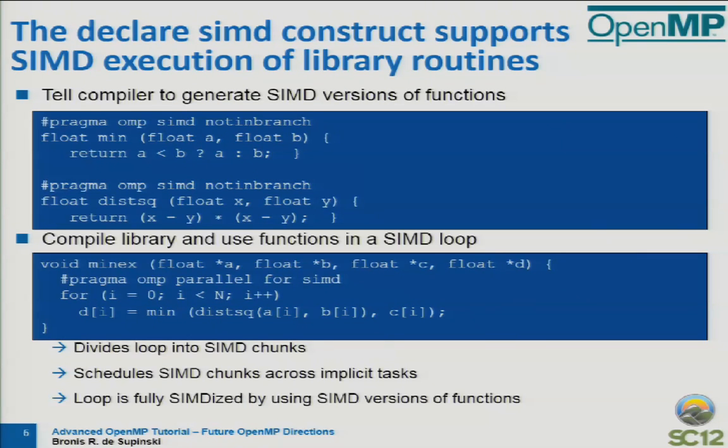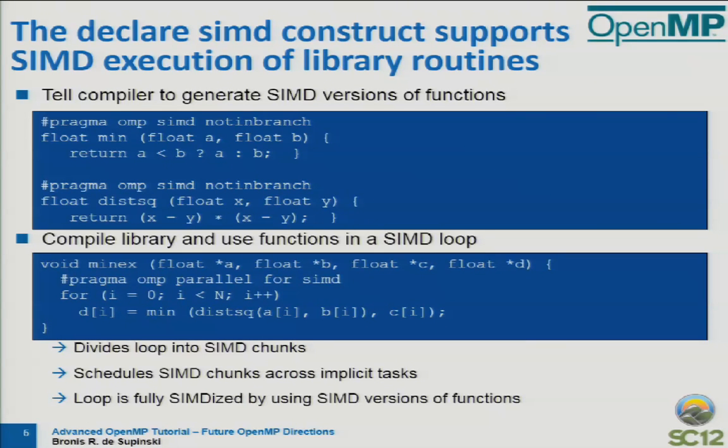Okay, this is an example of how you can apply that. So you've got this pragma OpenMP SIMD for the min function. What the compiler does is it automatically creates a function min with a SIMD version where A and B are no longer scalar floats, but SIMD vector floats, right?